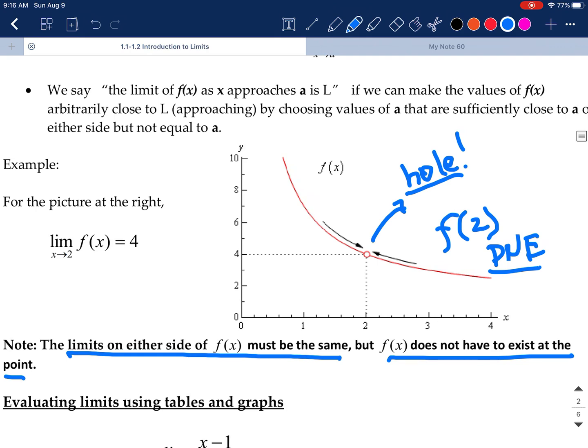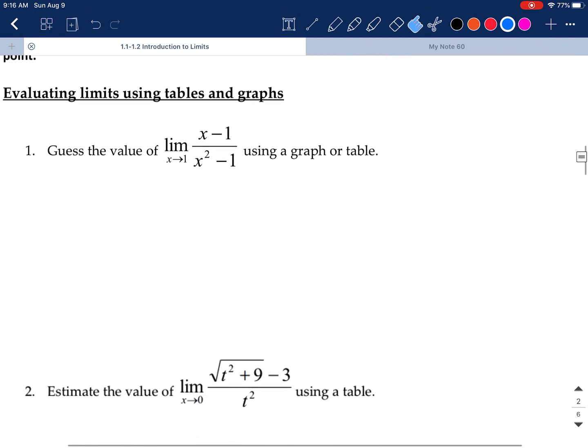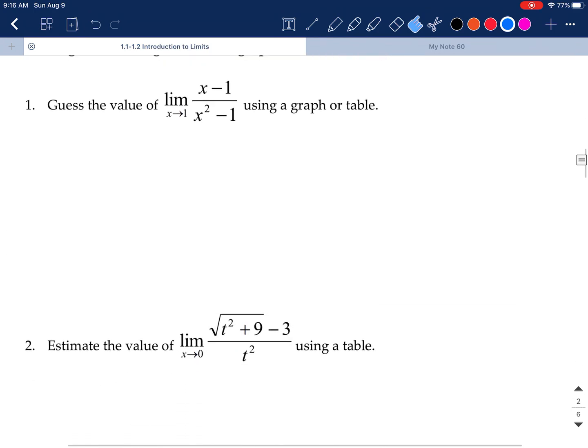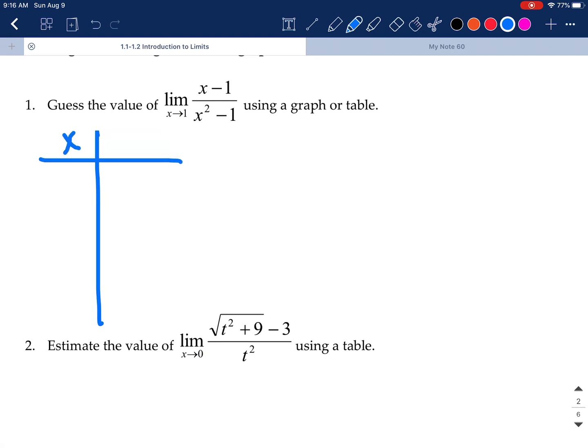Okay. So again, for these intro sections, they're going to focus on you making tables. So we've got these two examples here. So it says using a graph or a table, using a table. So what I'm going to do is actually describe a more algebraic approach to evaluating these functions. But again, say for number 1, what you would want to do is look at, if I'm taking the limit as x approaches 1, you want to take values close to 1 on the left.